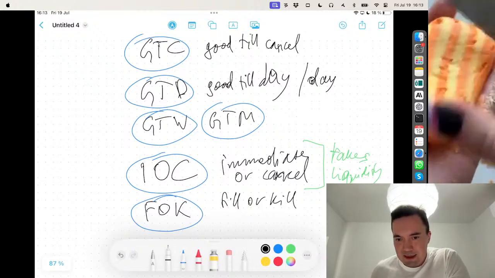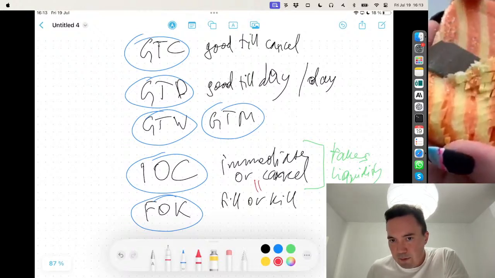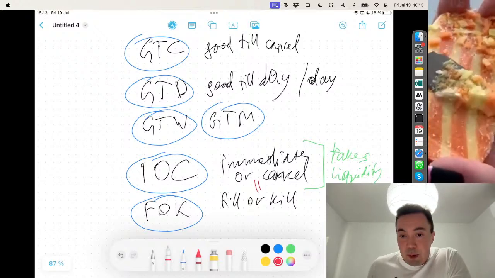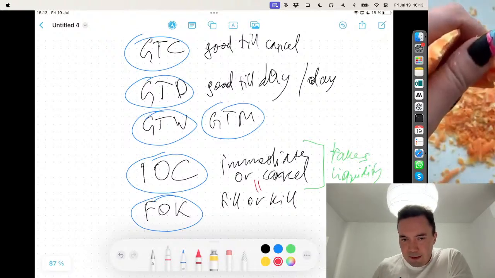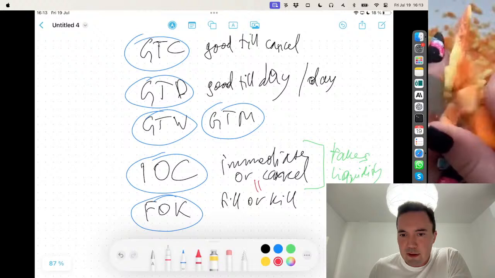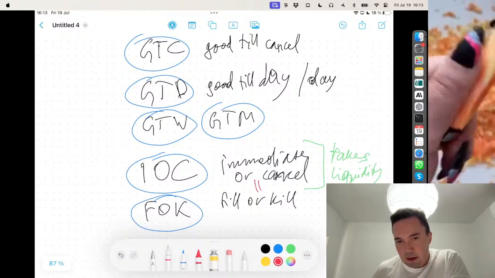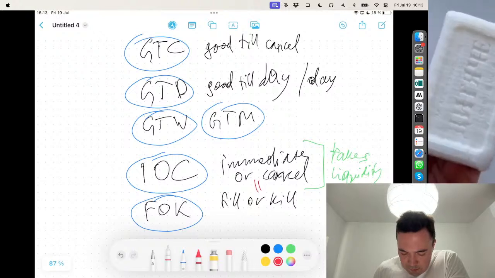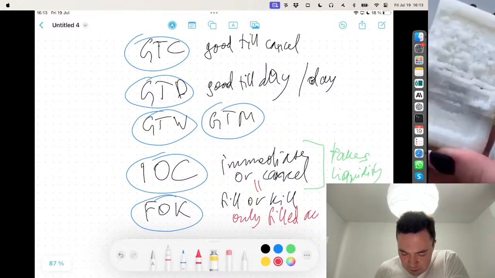In some places, some people say that immediate or cancel is the same as fill or kill, so they're synonyms, but in our experience, and in most of the places where you can read the definition of fill or kill order, it says that it's not a synonym, but it has an additional condition, that the order should be only filled as a whole.